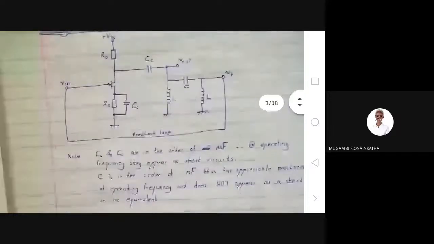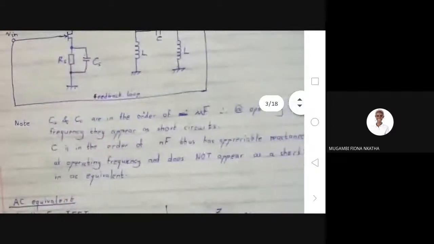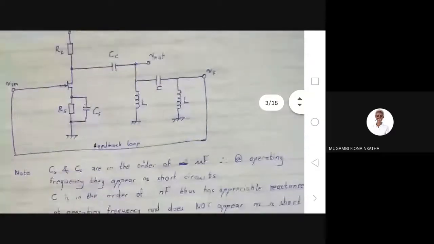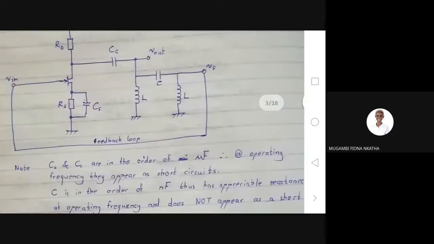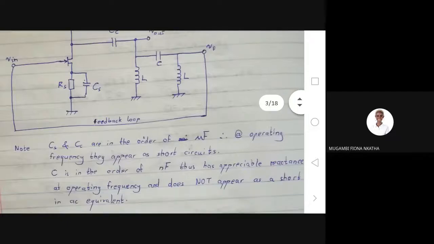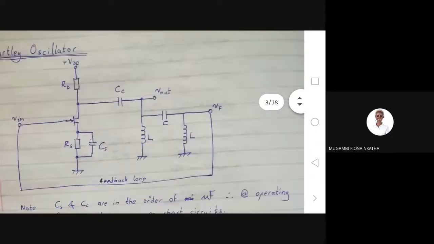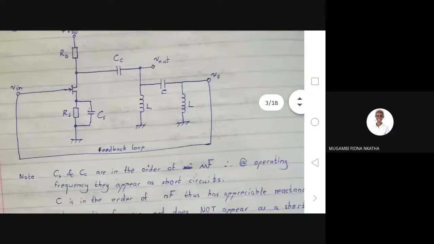Okay, and then I've written a note down there about the magnitudes of the capacitors. Usually, when you're drawing an AC equivalent circuit, all the capacitors become short circuits. But that's not the case for oscillators, because of the values of the capacitances.